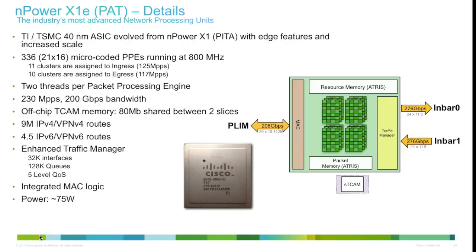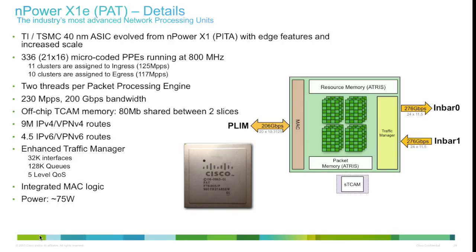They are arranged into clusters of 16 each, and we have 11 clusters assigned for ingress and 10 clusters assigned for egress. The total capability of the ASIC is 230 million packets per second, more or less, and 200 gigabit per second of bandwidth.